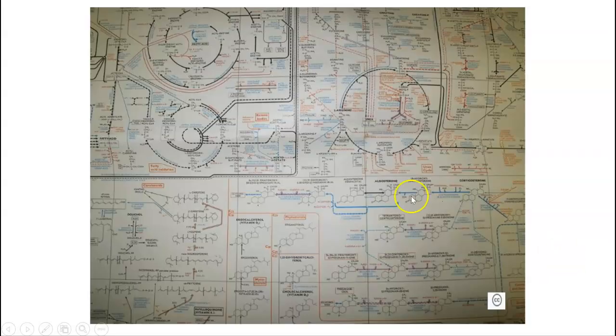Each one of these little blue pieces of writing is the name of an enzyme that is making the reaction from this to this possible, or this reaction going from here to that, to this, to that. This all looks like steroid biochemistry. All that blue is an enzyme.